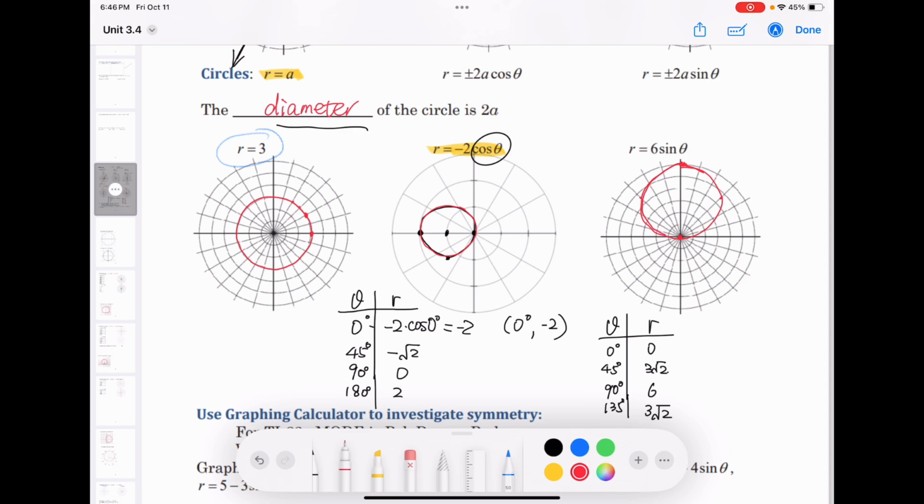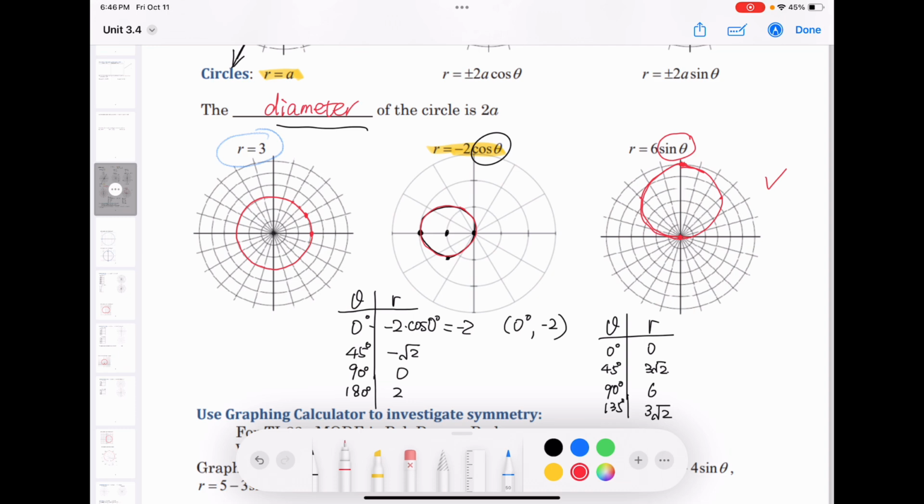Okay, we can draw a conclusion from this circle. You see, the expression is 6 times sine theta. If it is sine theta, that means something about the y-axis. Yes, you see my graph is located on the y part. And 6 sine theta is positive, so it is on the positive y-axis.